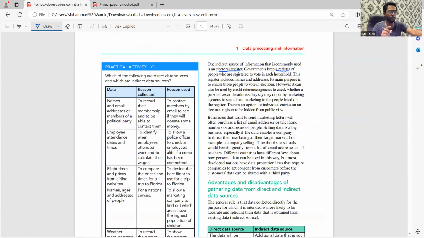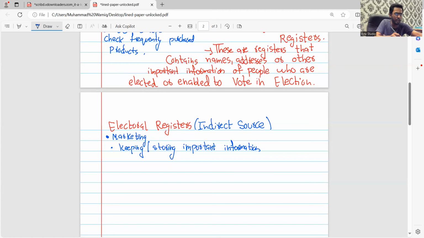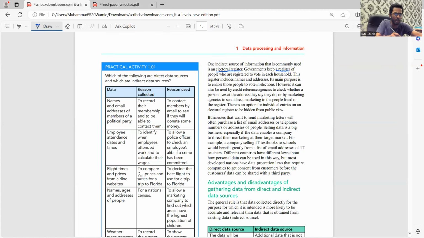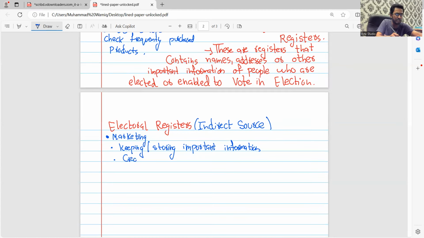This was one of the questions from your past paper, so this is why I'm focusing on that. They can also be used by credit referencing agencies.